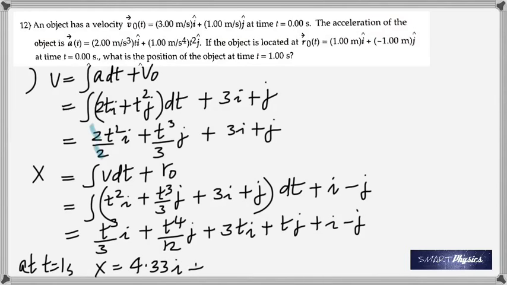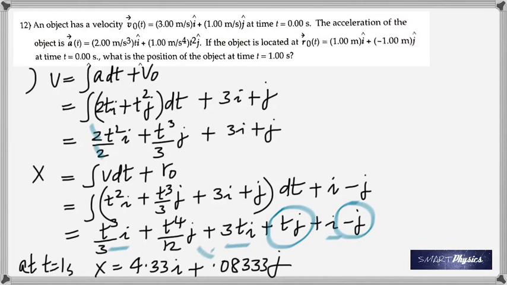And at t equal to 1 second, these two will cancel out, and you add the i's, you get 4.33i plus 0.08333j. So that's what you get.